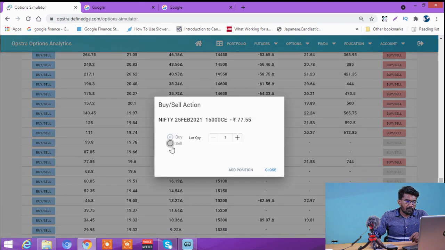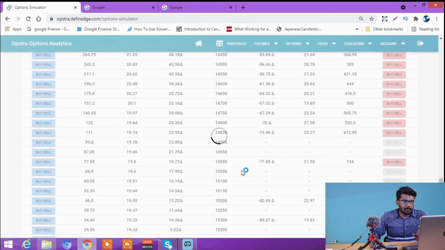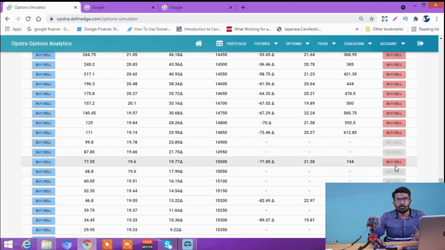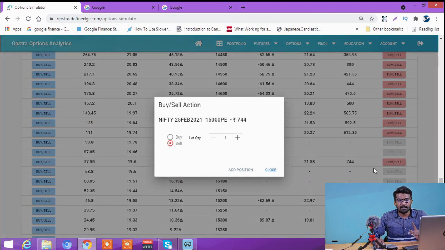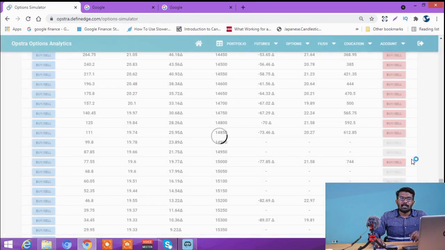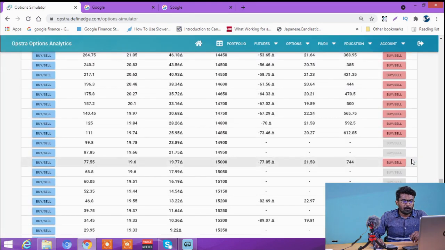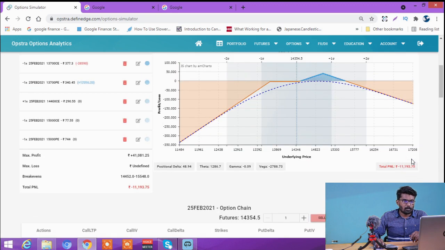What will happen if we sell an out of the money straddle? Because if things go strong, the straddle is going to make big losses. Yes, obviously it will make losses, but I will tell you what we have to do if things go the opposite way. So this is how it is going to look.